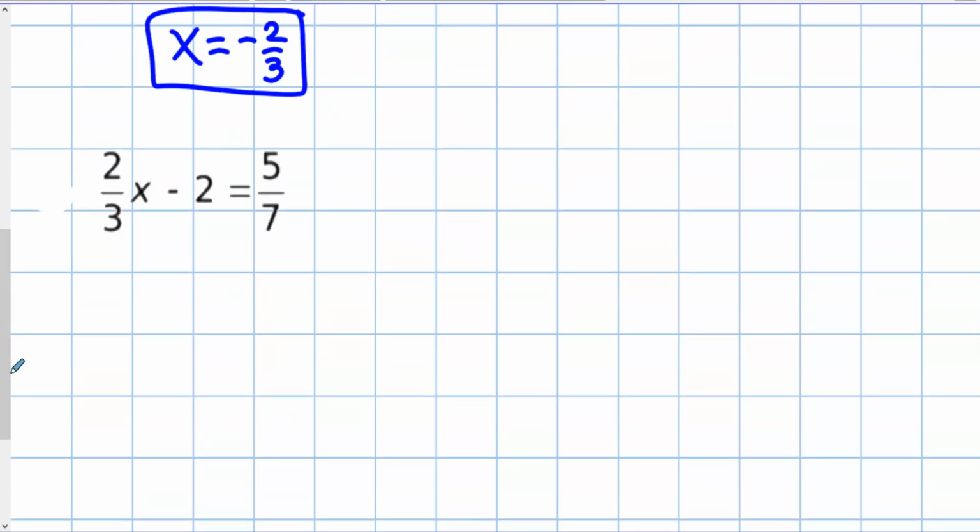Here's another example. Now in this problem, there are fractions, but notice that only 2 of them have a denominator. This middle term is a whole number, but you can still write it over 1 and make it into a fraction. And looking at all of these denominators, the common denominator between 3, 1, and 7 is 21.